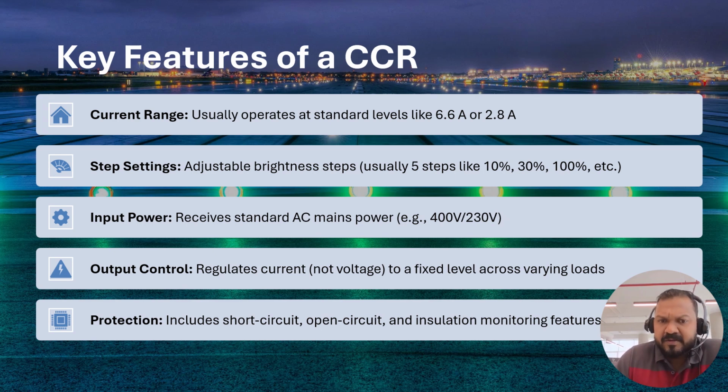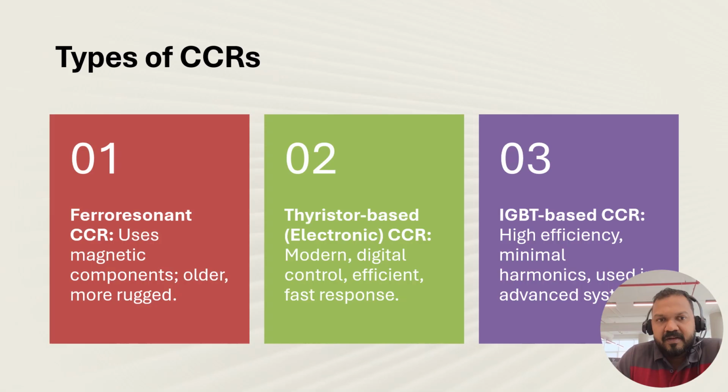Protection includes short circuit, open circuit, and insulation monitoring features. So these are the key features we've seen here: current and settings related to the brightness of the lights, the inputs which apply the major power to the lights, and how the output should be. Okay, we can move on to the next slide.